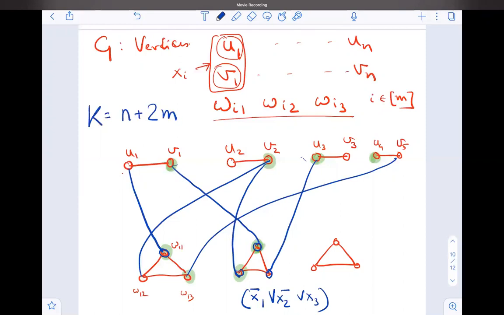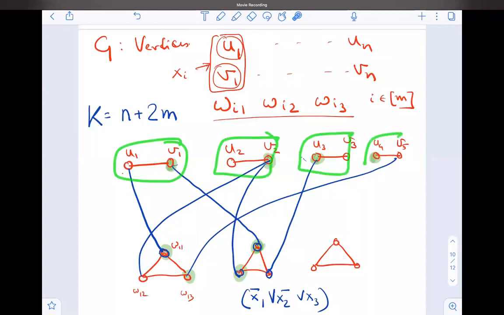Now I let you guys go back and prove the other direction, that if this graph has a vertex cover of size at most this, then the formula must be satisfiable. And why is that the case? The main trick is that to cover this set of vertices, at least one has to be there from each of them.